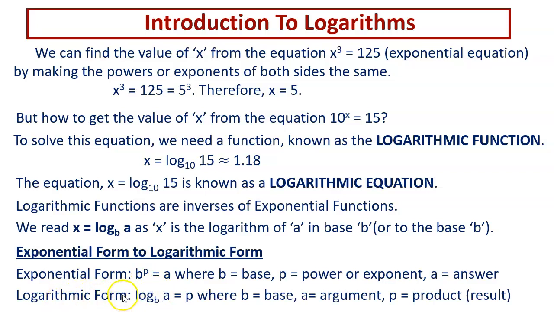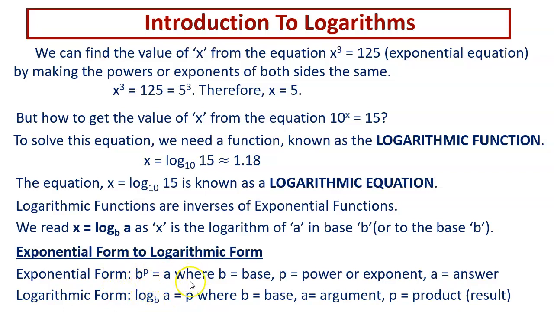So the logarithmic form is, since it is the logarithmic form, it has to start with this word log, and then the base always remains the base. b is for the base. You see, this is the subscript, the b is the base. For both the exponential form and the logarithmic form, you have the same base b.